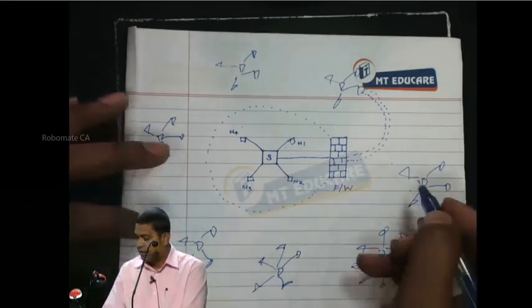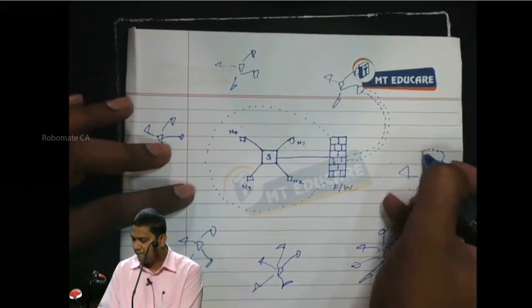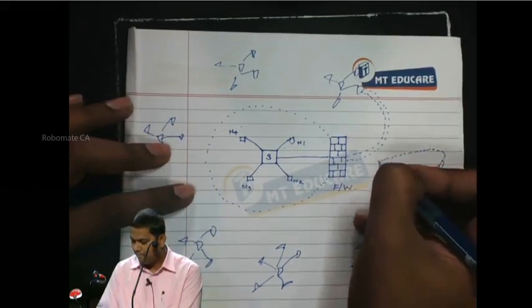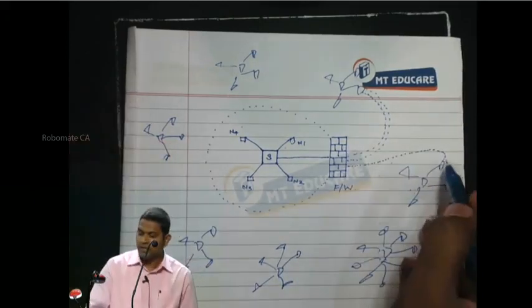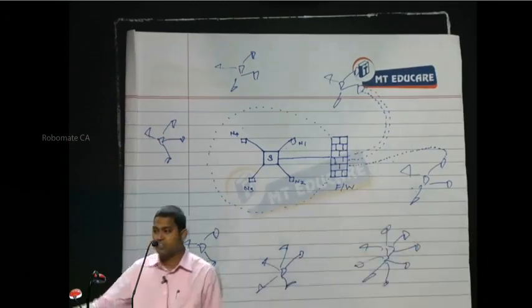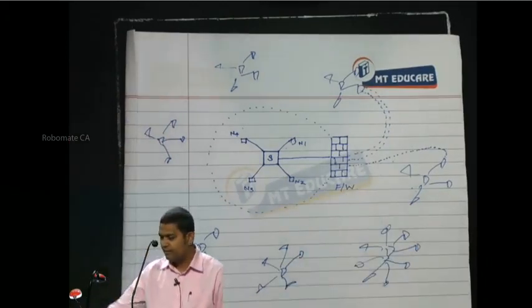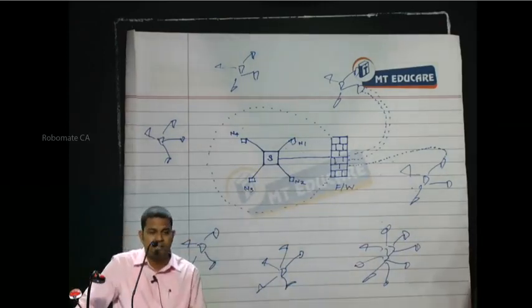Now there is some request coming from outside. This request wants to meet N3, so this is an outsider. The firewall says, stop, you cannot go inside. It consults the server: this particular IP address has a request, it wants to meet N3.